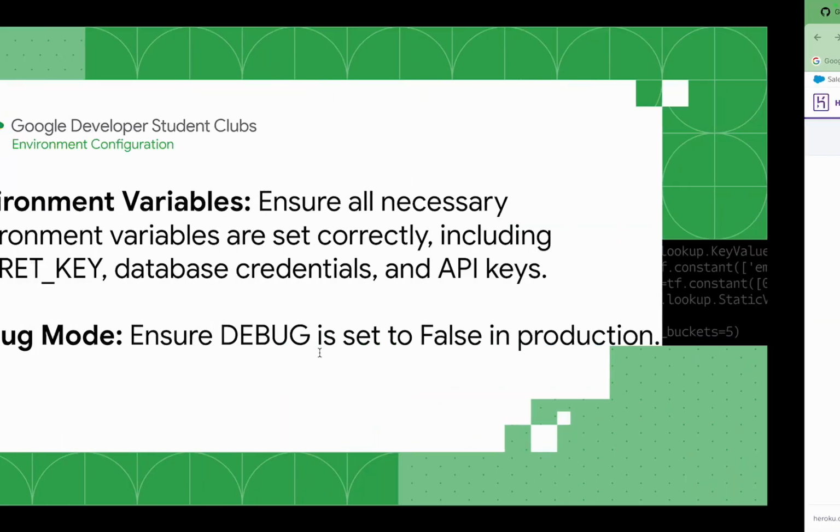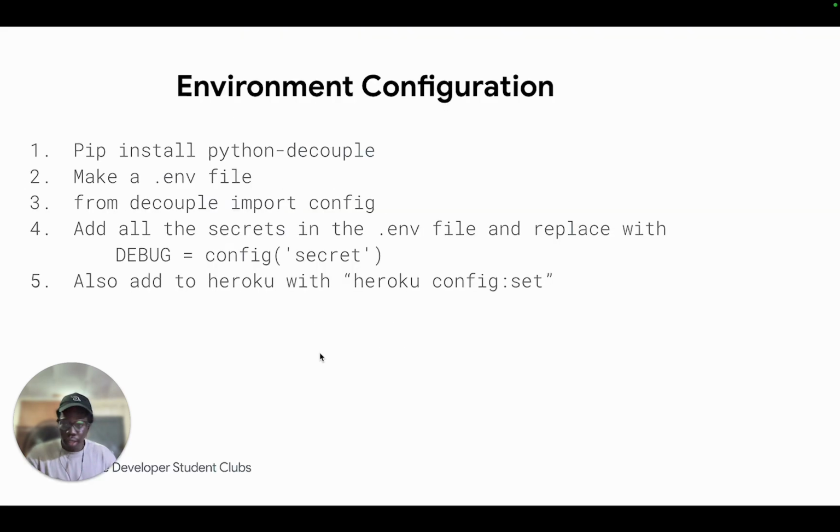So if we move back and see, first of all, we have to install this Python decouple. It's a package that is going to allow us to store our secrets in a particular file and retrieve them from there. I will also upload this file, but we'll also specify the secrets of this file to Heroku. I will do that later. So first of all, we want to install it.